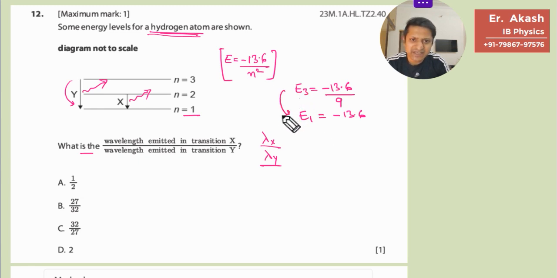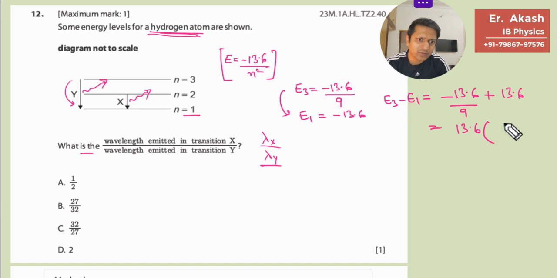So the change in the energy, E3 minus E1, will be minus 13.6 upon 9 minus of minus, so I'm directly writing 13.6, and if we take common 13.6, it will now be 8 by 9. So this will be the change in the energy.